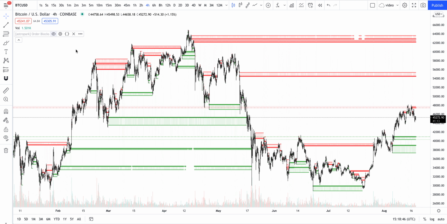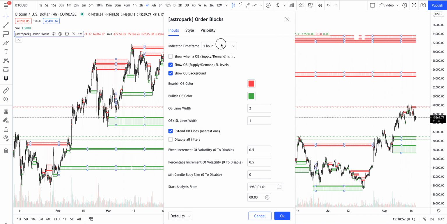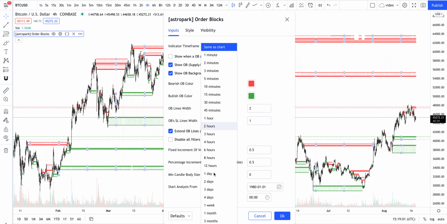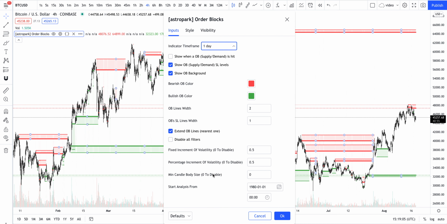So in this case, moving to 4 hour, I suggest as a time frame at least 12 hours or daily. So in this case, 1 day.